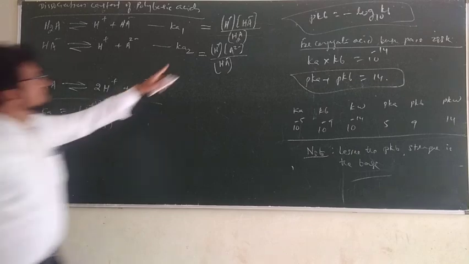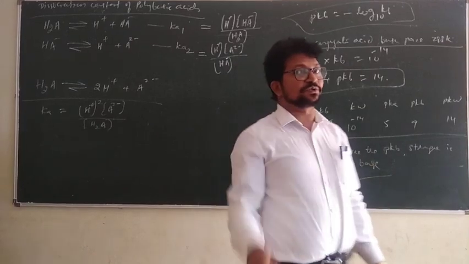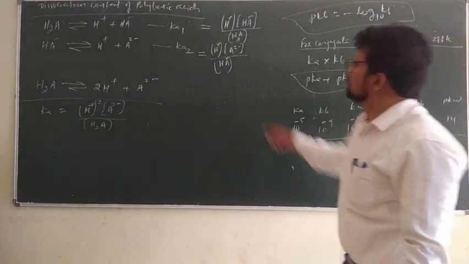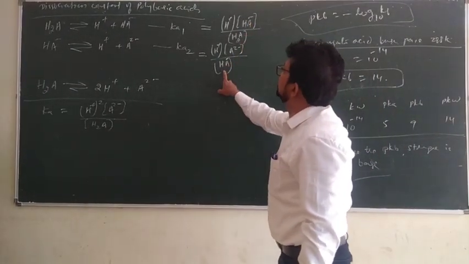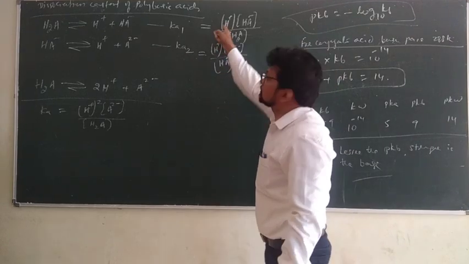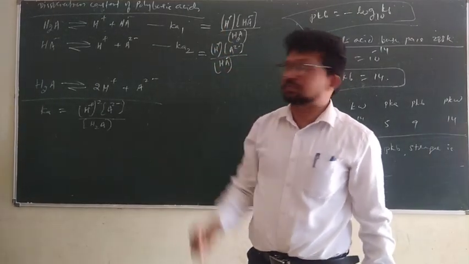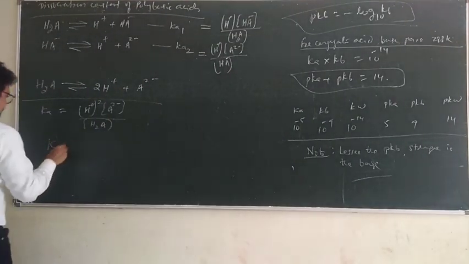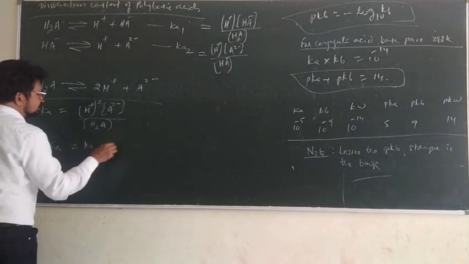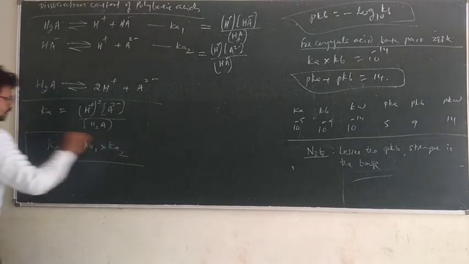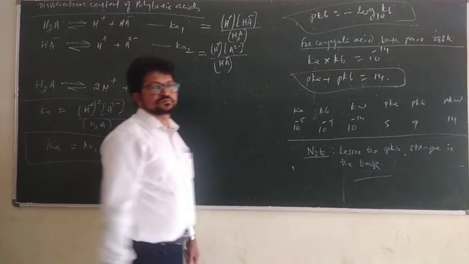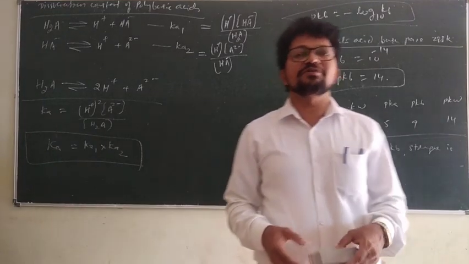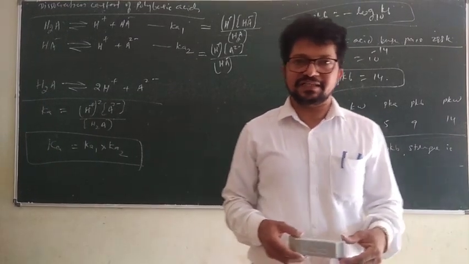If you compare this to Ka1 multiplied by Ka2, this is the numerator, this is the denominator. H plus, both are in the numerator, H plus square. You get the same, K equal to K1 into K2. Normally, K1 is much greater than K2.